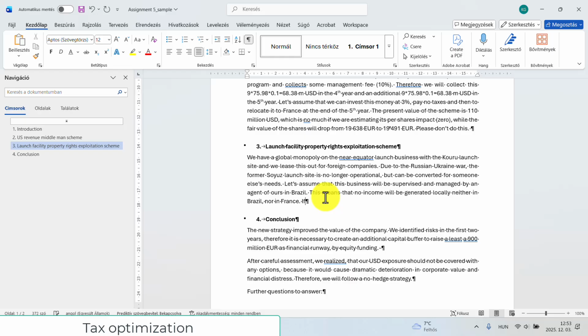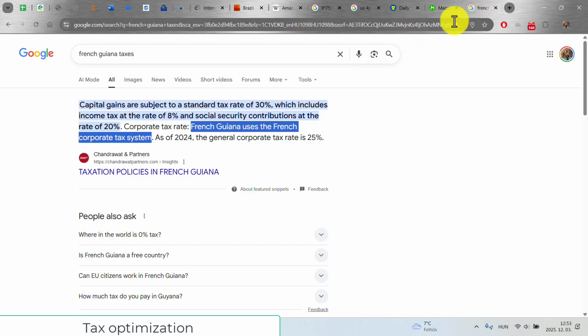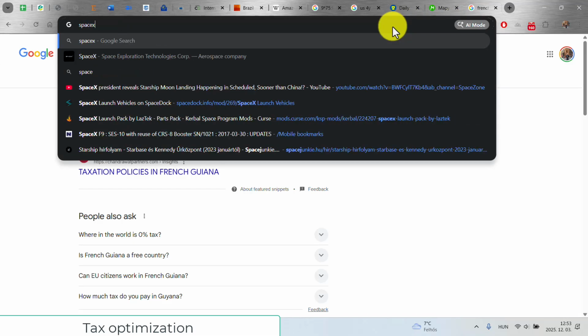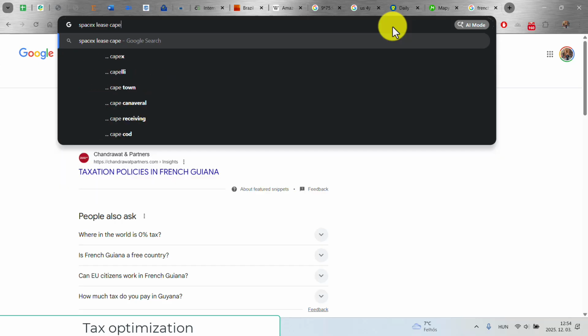So if we are collecting, unfortunately, such lease fees are not public even in the US. SpaceX leases Florida Cape.